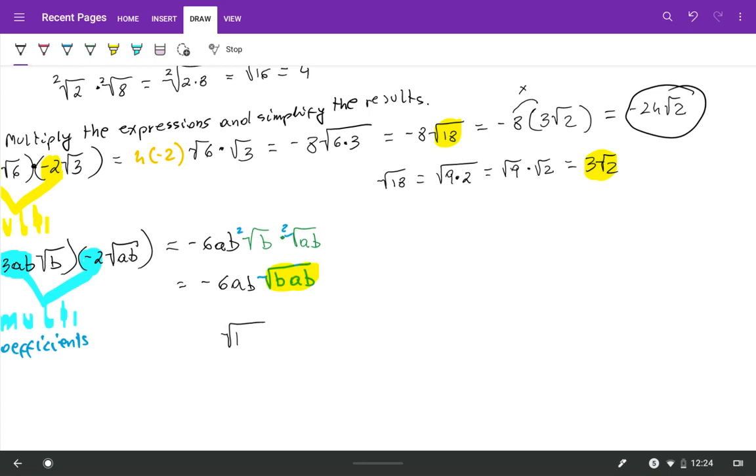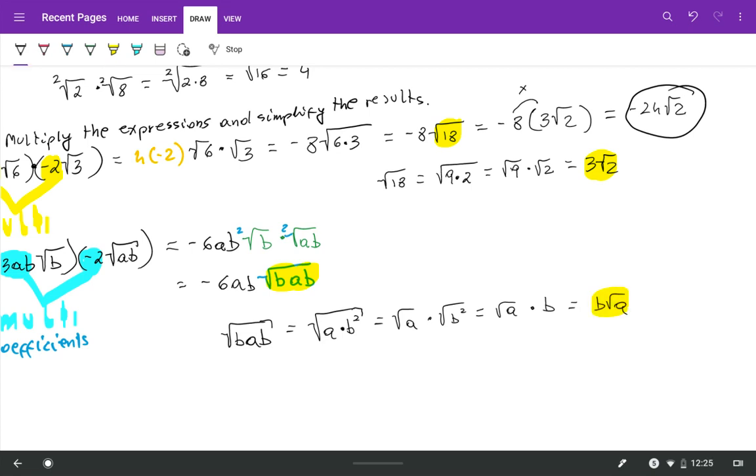The square root of bab is the same as the square root of a times b squared. And now you can rewrite that as the square root of a times the square root of b squared. And again, we know the square root of b squared is just b. So we have the square root of a times b, which is just b square roots of a. So the square root of bab is b square roots of a.